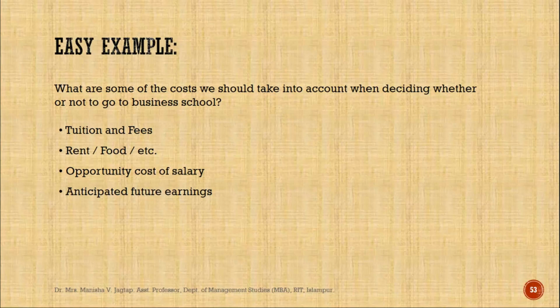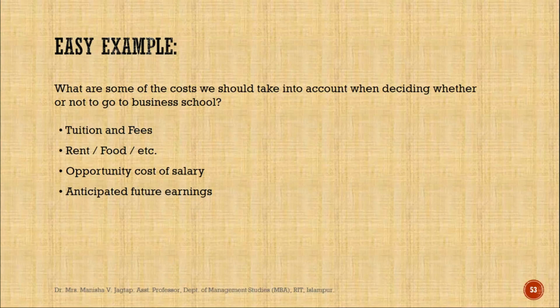So what are some of the costs we should take into account when deciding whether or not to go to B school? So what are the important points we need to consider here? First is concern with B school, tuition and fees, rent, food, etc., opportunity cost of salary, and anticipated future earnings.